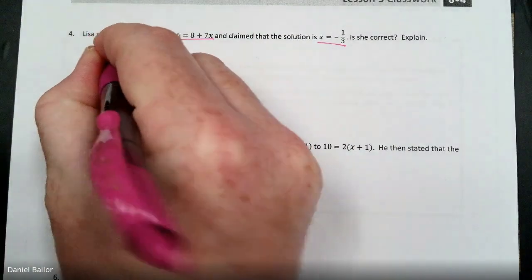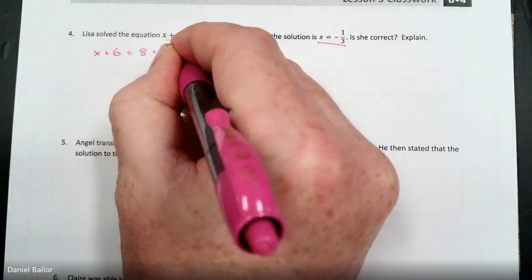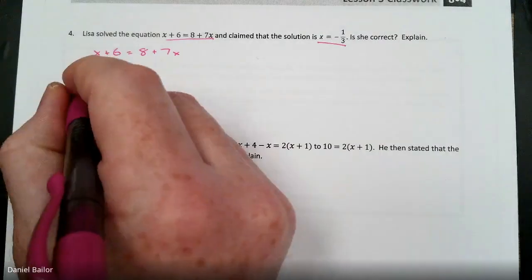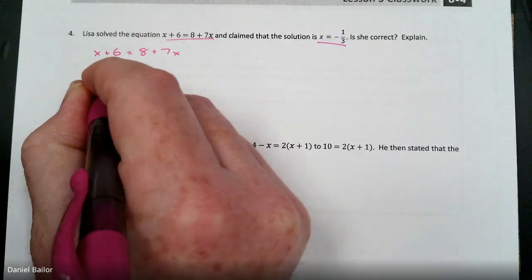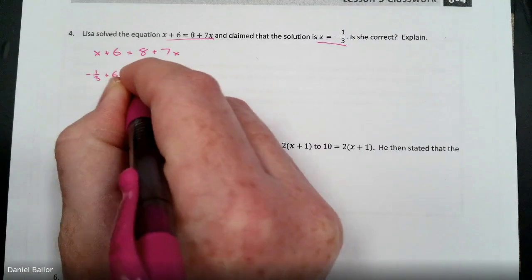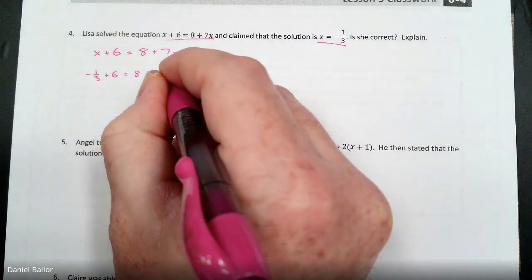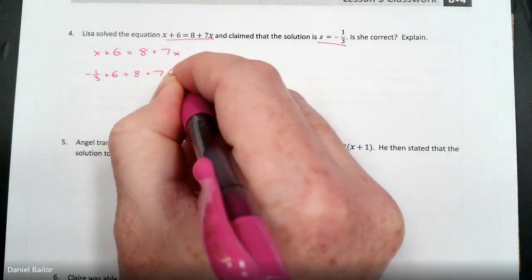X plus 6 equals 8 plus 7x. And x is going to be negative 1/3. This is always fun with negative fractions. Every time I see x, I'm going to put in negative 1/3. So I get negative 1/3 plus 6 equals 8 plus 7 times negative 1/3.